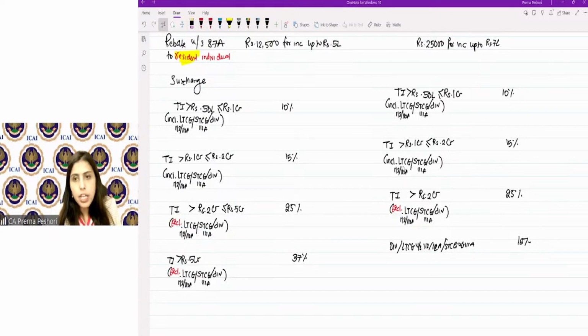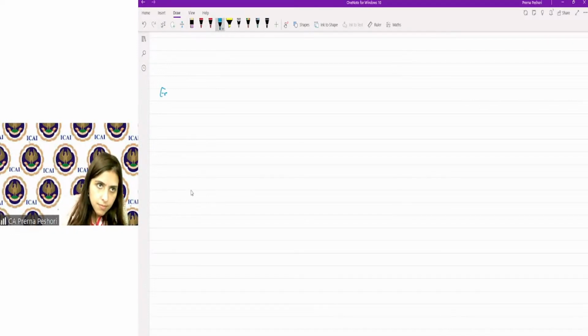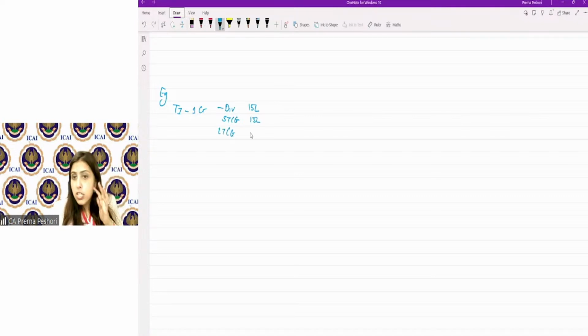Let me give you the example over here. Let's say my total income is 1 crore. Out of which dividend is 15 lakhs, STCG is rupees 15 lakh, LTCG is rupees 45 lakhs, and other income is 25 lakhs.